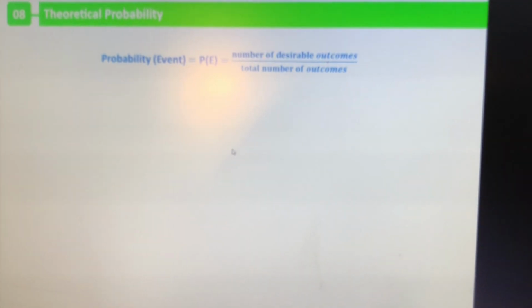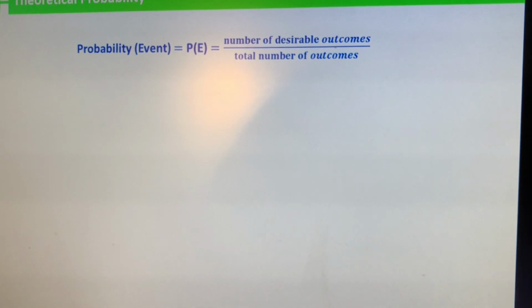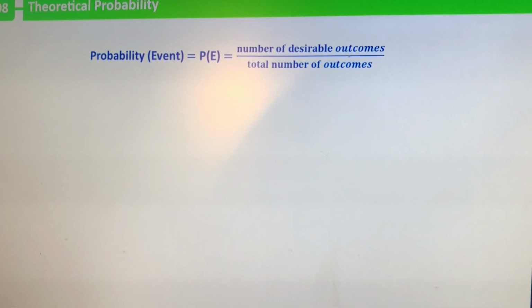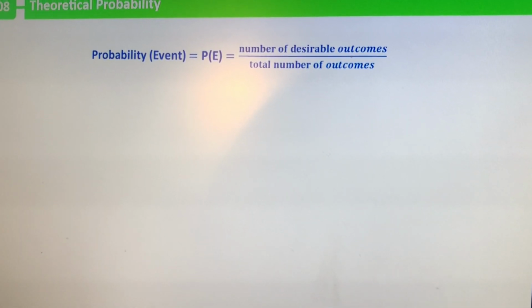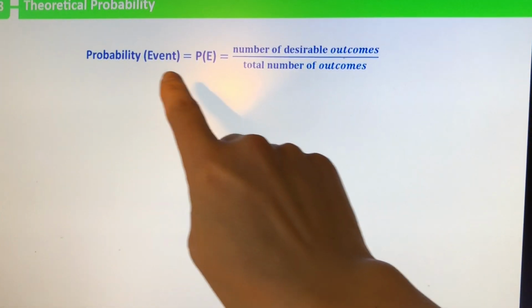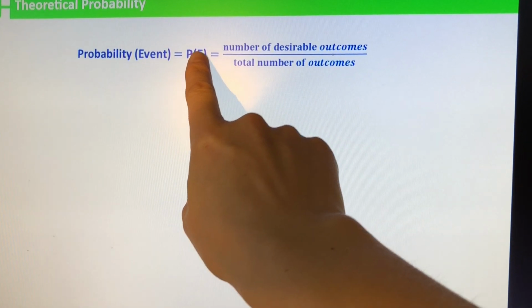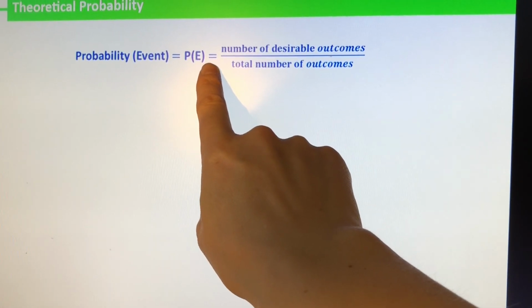And that's this. So, to find the probability of an event. Now, we know that in mathematics, we much prefer to use numbers or abbreviations or symbols rather than writing lots of words. So if we want to work out the probability of something, we can use then a capital P. And then immediately after that P, we have a bracket.